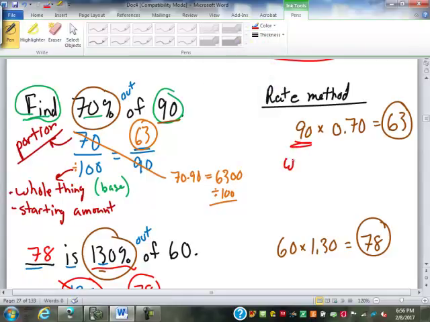The 90 here is the whole thing, or a starting value, and we are looking for that portion or that piece that we are focusing in on. When we're going in that direction, the rate method can be very handy. And when we start talking about markups and markdowns, we might use it a little bit. But especially when we start talking about simple interest, we're going to be using rates rather than percents and proportions.